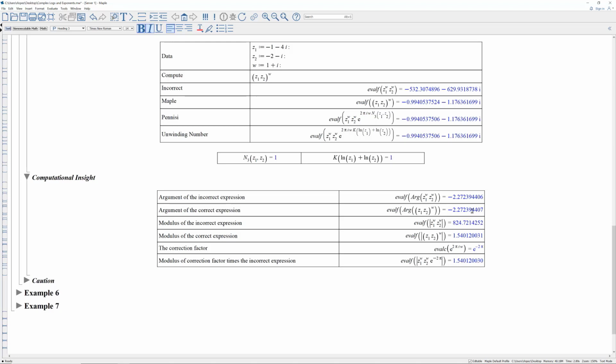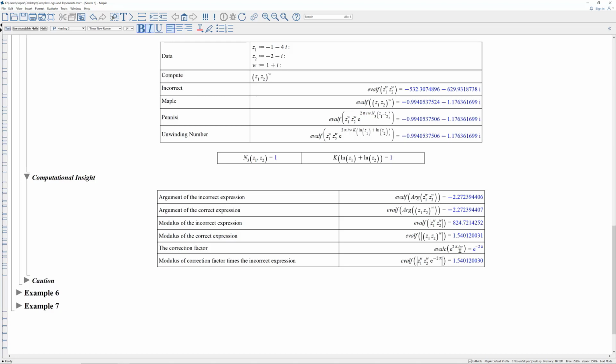The argument is the same, so the problem is not in the argument. So let's look at the modulus. Here we have distributed W incorrectly to the 2 factors. Take the modulus. There's where that big number is coming from. Now to do it correctly, take the modulus, do not distribute the W. Much, much smaller.